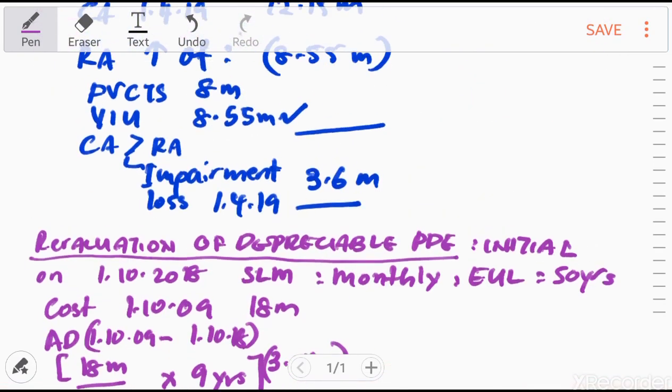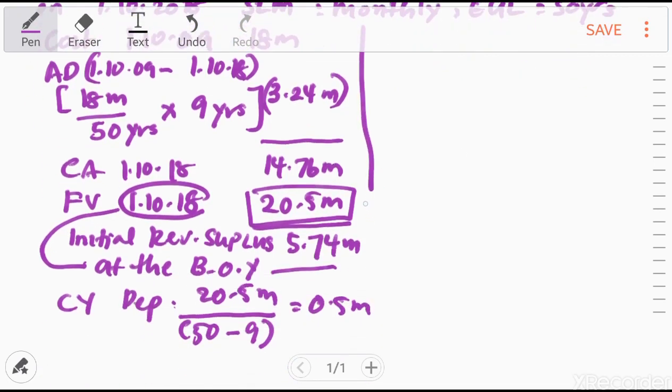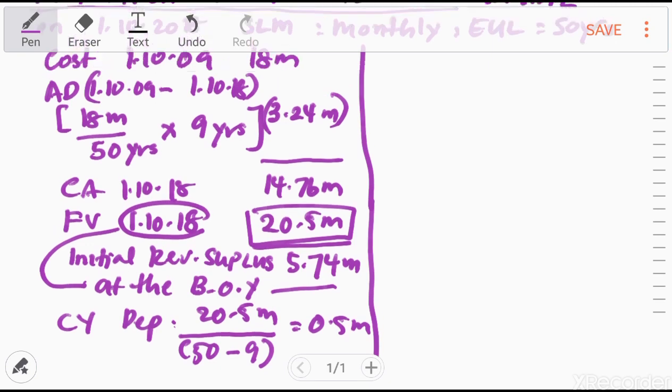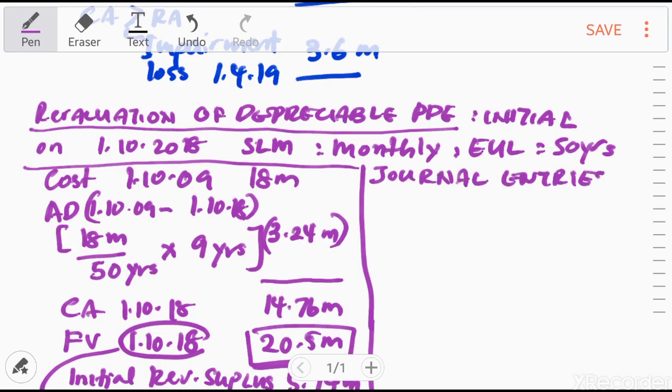And then for each of these, you can do your journal entry. I'm doing the journal entry here, side by side, as the requirement asks you to do it for 2019.